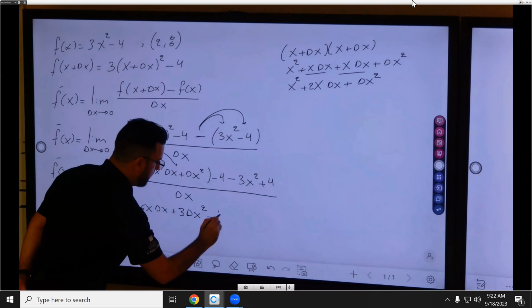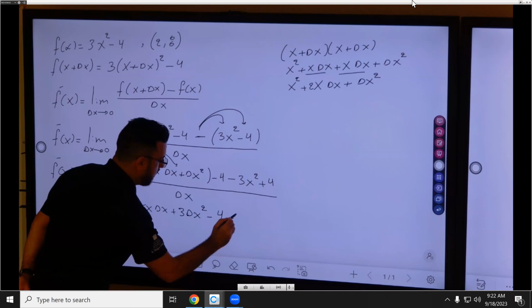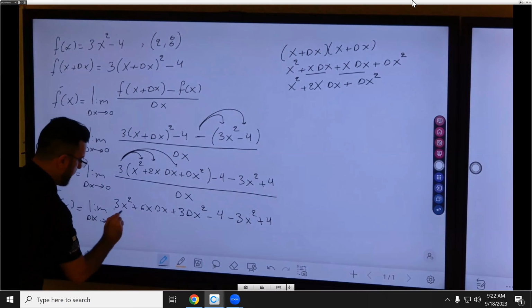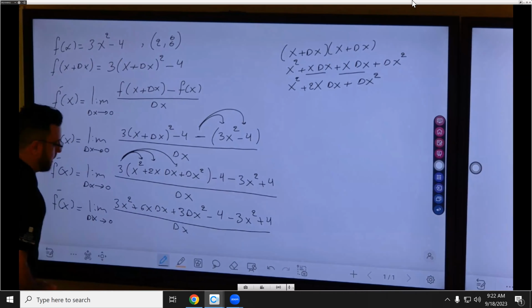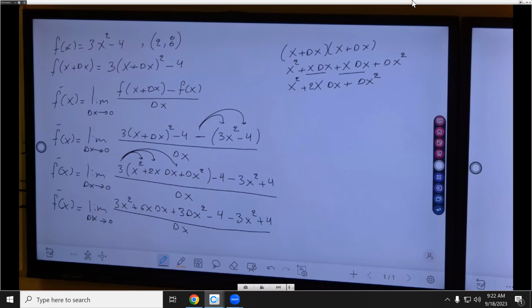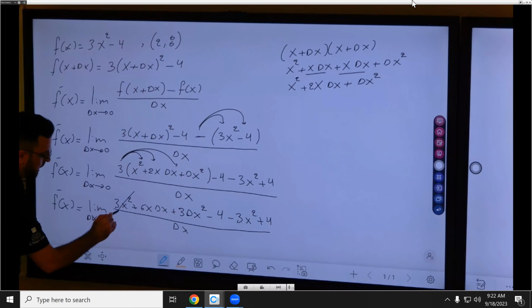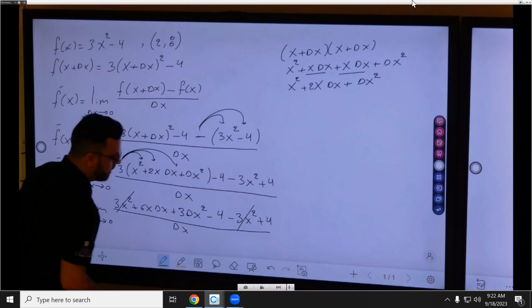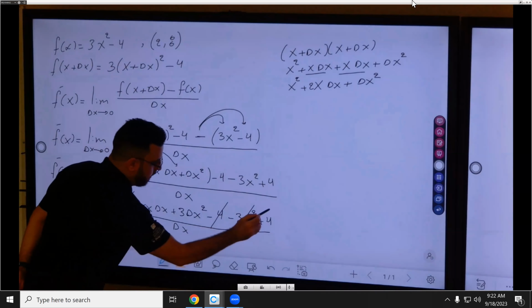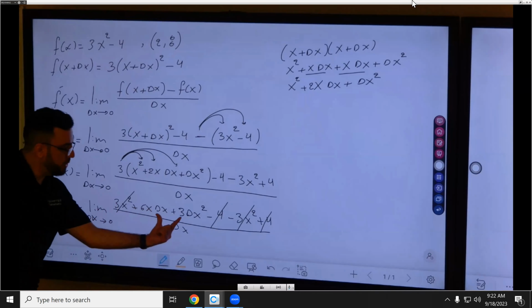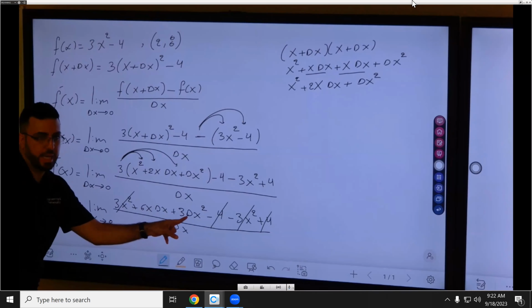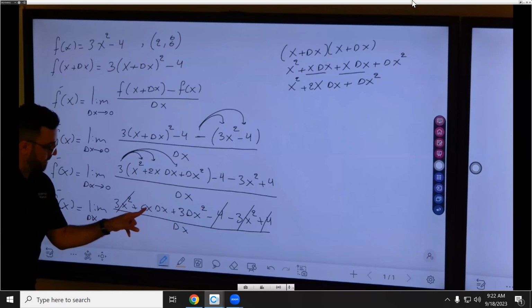Here is minus 4 minus 3x squared plus 4. Everything divided by delta x. Now check, do we have like terms? Can we cancel this one with this one? Cancel the 4 with the 4. You see what's left? The 2 terms left contain delta x.